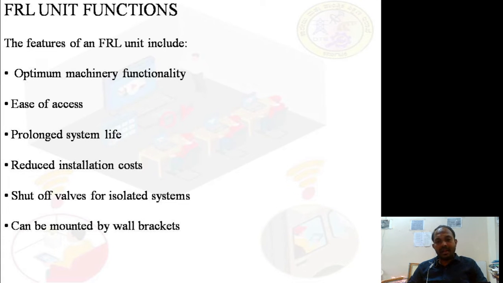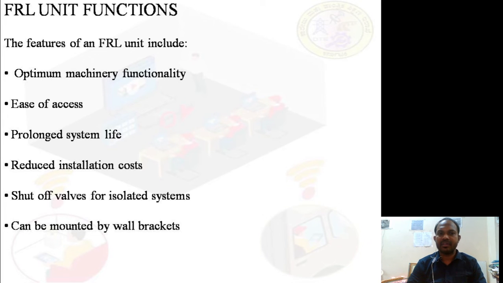When the filter, regulator, lubricator work effectively, they increase the functionality of the tool or machinery. Why am I using the word tool? These pneumatic systems are not restricted to use only in machineries, but they are also used in some tools also. Okay, so that is why we use the word. So for optimum machinery functionality or tool functionality, we use the FRL unit.